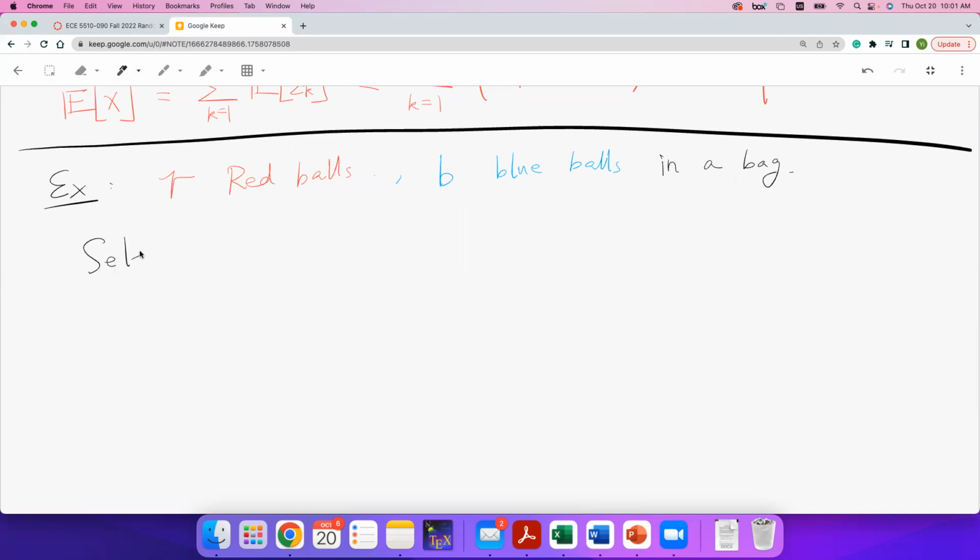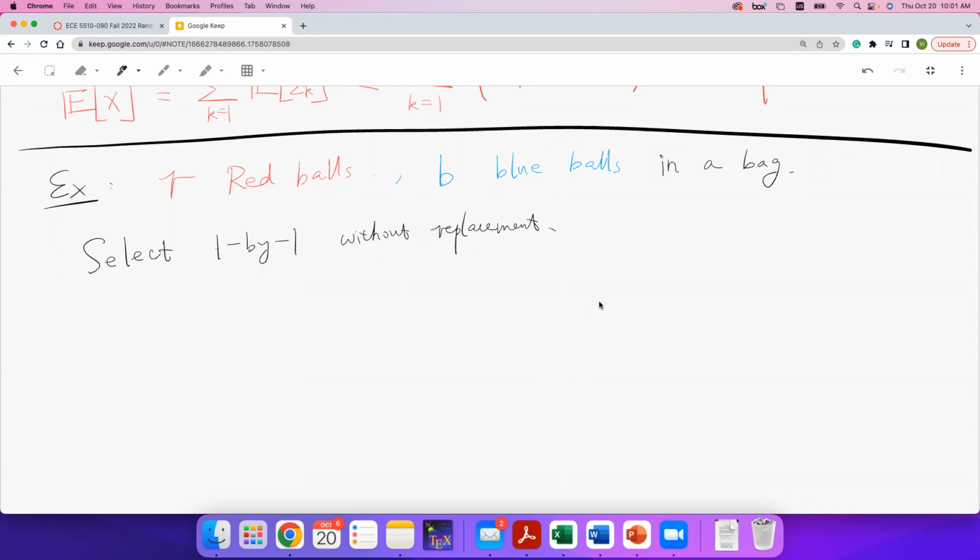Now you select these balls one by one, without replacement. What is without replacement? You first pick a ball, could be red, could be blue, uniformly at random. Now, whichever ball you picked, you keep it, you don't put it back.